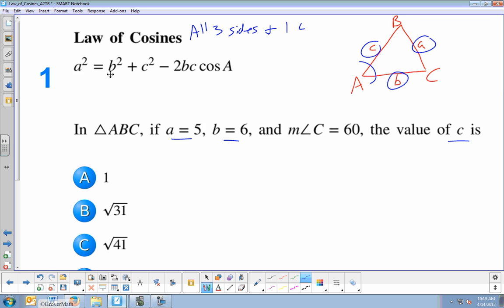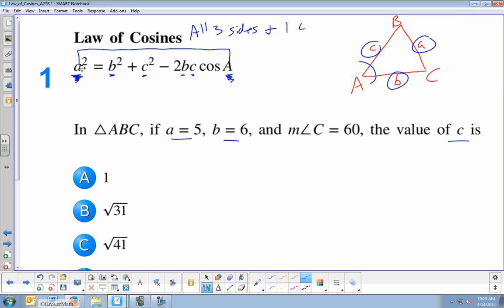See how sides B and C are being squared and they're on the right side, and then it's 2 times B and C. Side A is only written once, and it's the only thing on the left side. And that's the angle that we're using. So there's a connection between the solo side on the left and the angle that's used on the right. And then it's the other two sides in the middle.